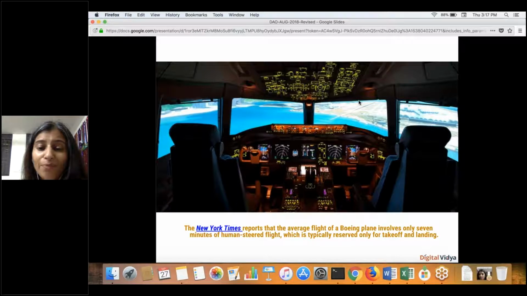And when does it happen? Takeoff and landing. So what is happening the rest of the time? The flying is automated, based on all the data it has and the data it is receiving based on where it is flying.